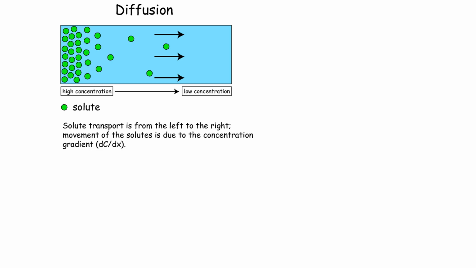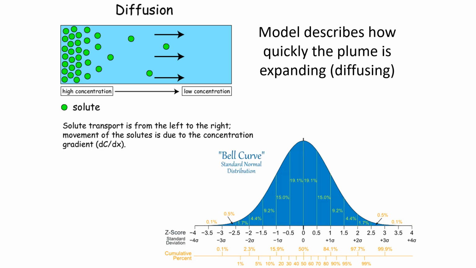Even without a fan running, just the random movement of particles would cause the pollution to spread out and fill the entire classroom. So diffusion is an important process. In addition to diffusion, though, there's what's called advection, which is the bulk mixing due to things like wind.